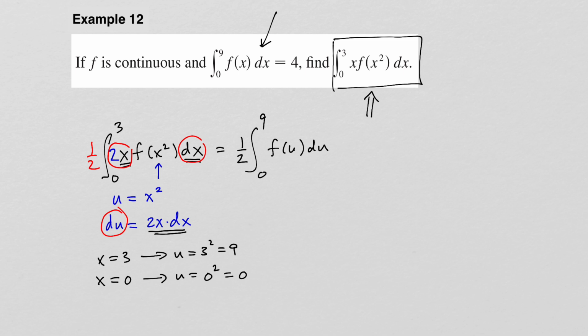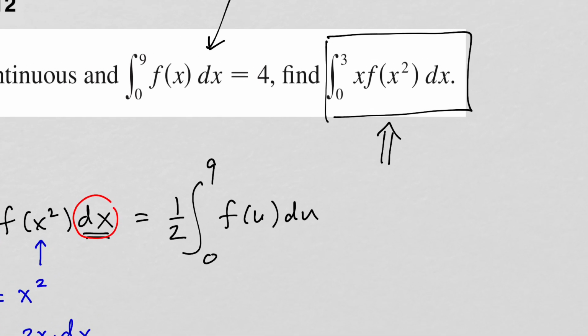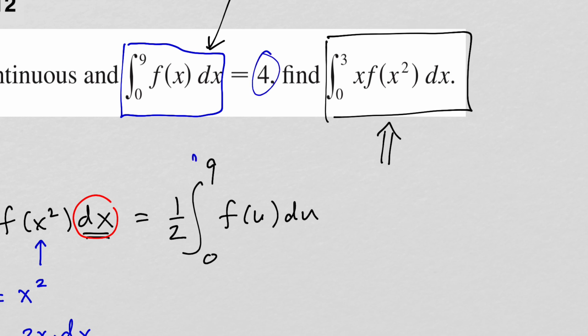Now, what about this integral? Well, look here. The integral from 0 to 9 of f of x dx is 4. So that means this integral right here is also 4. These two integrals are exactly the same thing. It doesn't matter what variable you have in here.